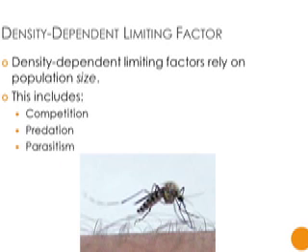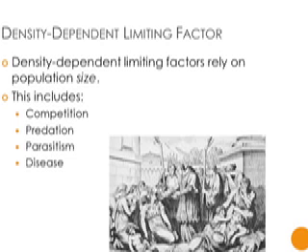The other things that can affect the density-dependent limiting factors are parasitism and disease, like the Black Plague. Remember when I talked about how the human population had a huge decline in growth rate because of the Black Plague? Well, that was a disease because there's so many people living in one area. The population was so dense that it affected the ability for people to survive and reproduce.